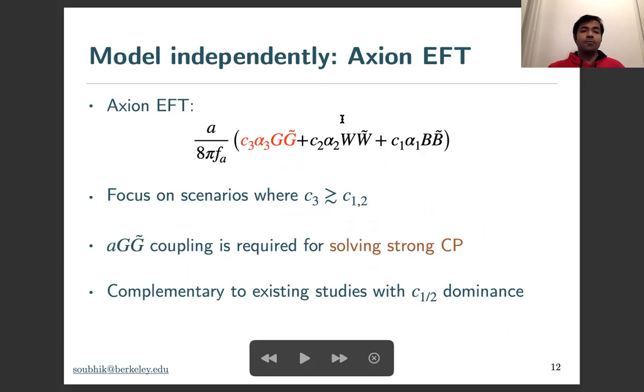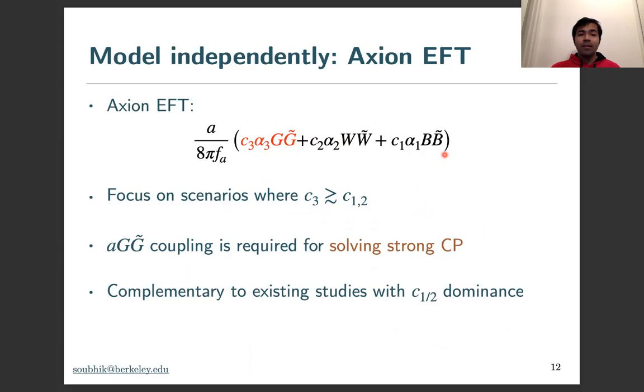And to do that, we'll basically take an EFT-based approach in which we couple the axion to the standard model gauge bosons in this way. But one thing we'll impose is that we'll dominantly rely on the gluon couplings. And the main reason is that we know that the gluon coupling is essential for solving the strong CP.